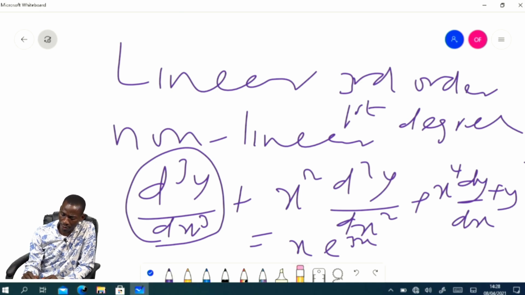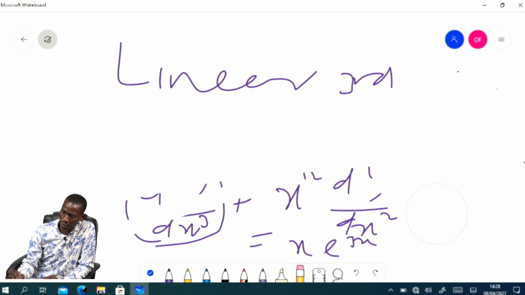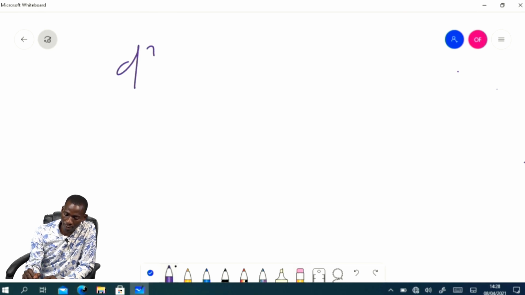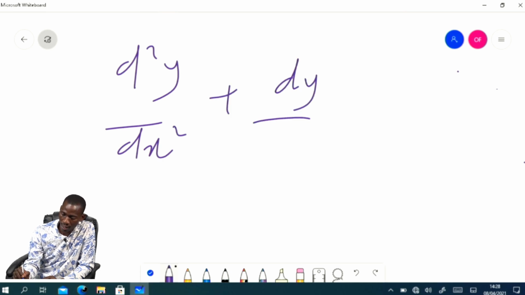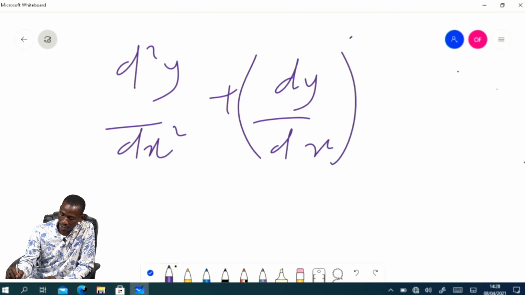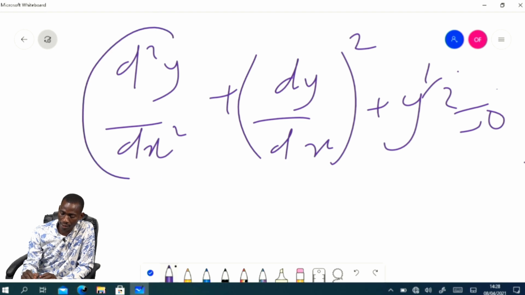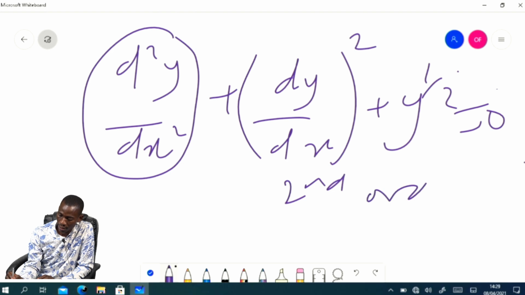Let's now take, for example, an equation of the form d²y/dx² + (dy/dx)² + y^(1/2) = 0. This is a second order differential equation because of the presence of the second order derivative, and it is first degree.